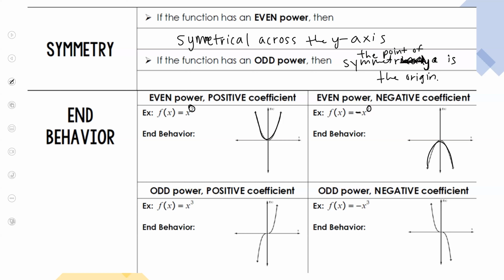Last week, we said as x goes to negative infinity, what happens to the y? As you go this way, what's happening? It goes to infinity. And as x goes to the positive side, as we travel this way, what's happening to the y's? It's also going to infinity. So guys, that's how you write the end behavior.